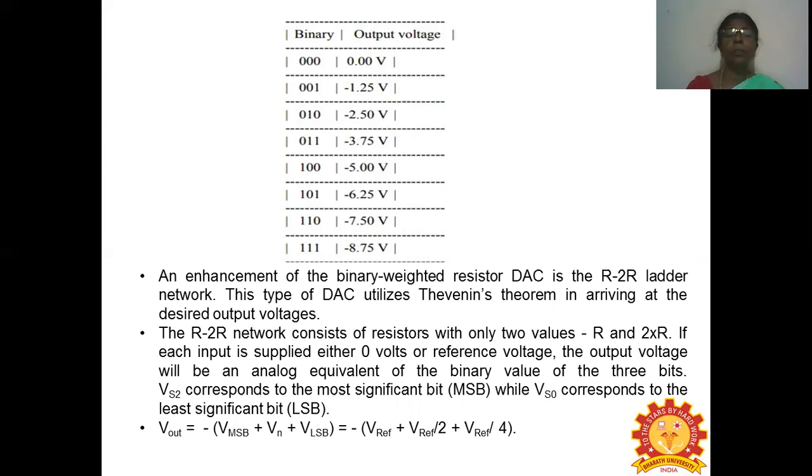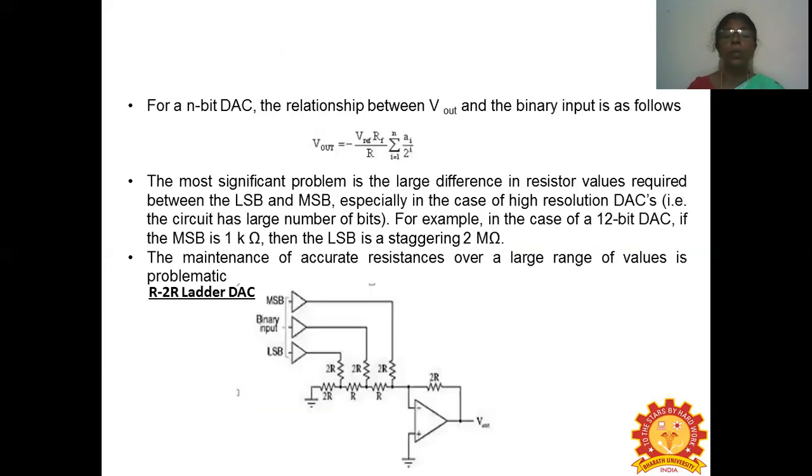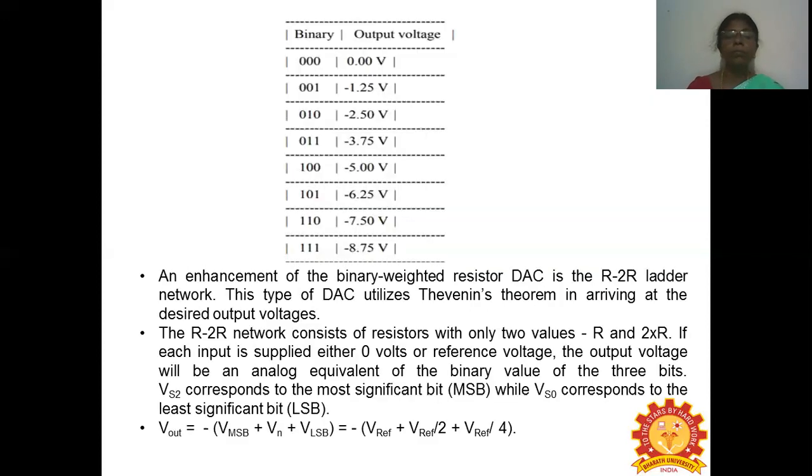If each input is supplied with either 0 volt or reference volt, the output voltage will be an analog equivalent of the binary value of the 3 bits, because here we used 3 bits. One is MSB, the next one is the middle binary input, and the third one is LSB.